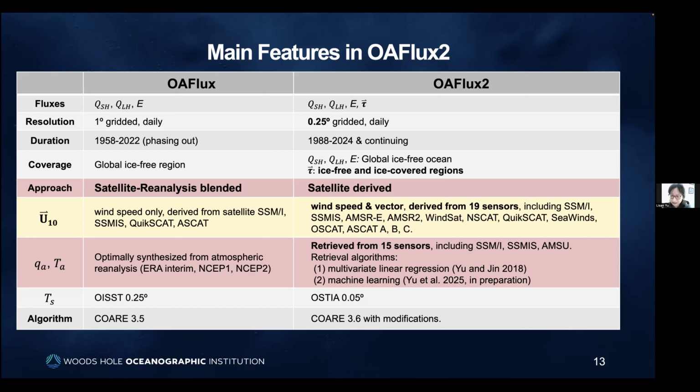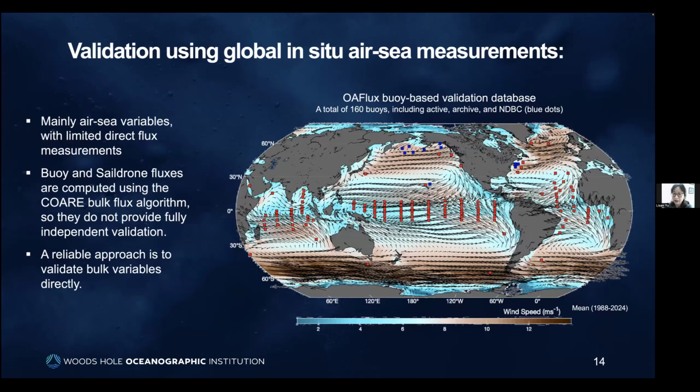And for SST, we make use of OSTIA, which has a better resolution and also better accuracy. For the algorithm, we use COARE 3.6 with some modifications. For the validation, it is mostly validating the variables, not the fluxes, because the bulk variables do not provide fully independent validation.